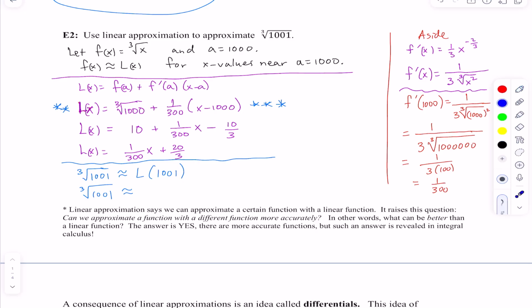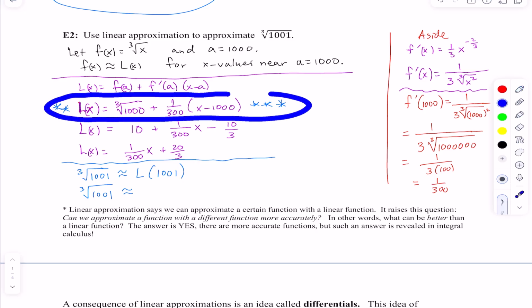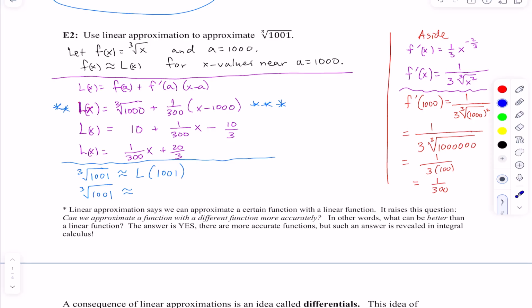And using that line above, this is probably easier to use. Finally, we get our approximation. The cube root of 1001 is approximately 3001 over 300.